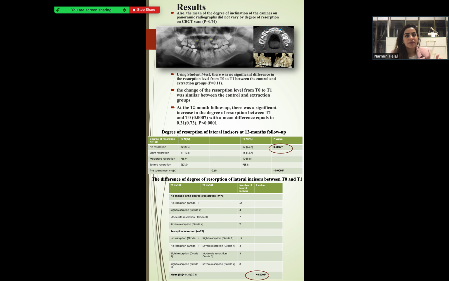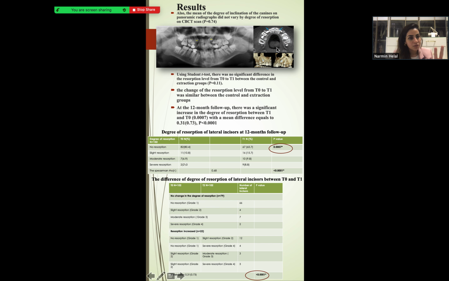Also, when we looked at the degree of inclination of the canines on the panoramic radiograph, we found it has no relation with the degree of resorption, like the case I explained before. Although the canines were mesially displaced and inclined, here we found no resorption on the roots of the lateral.